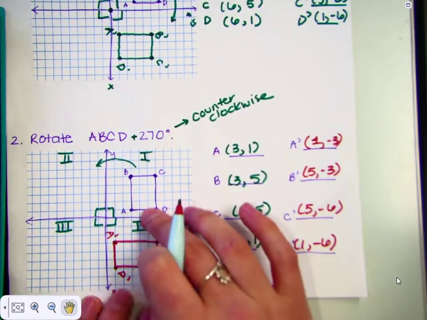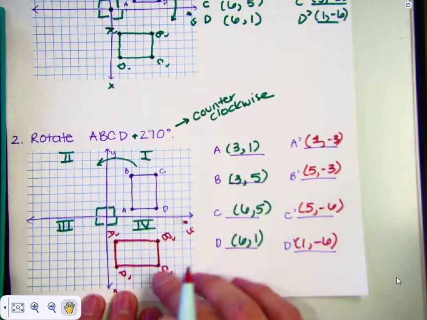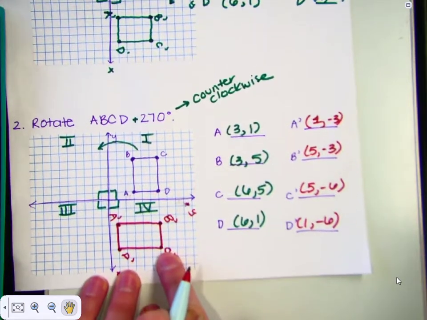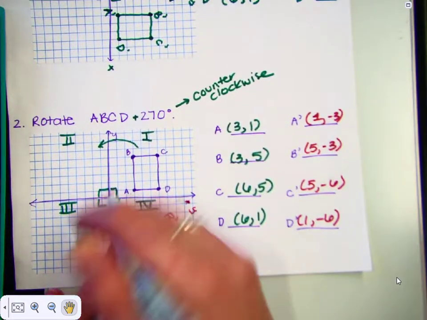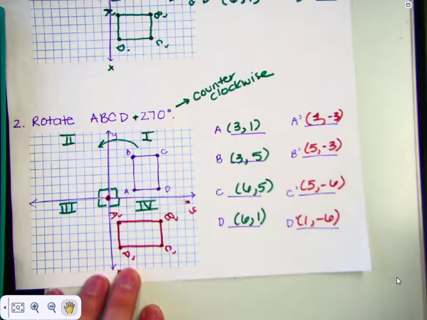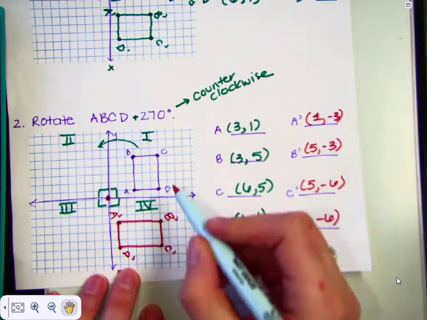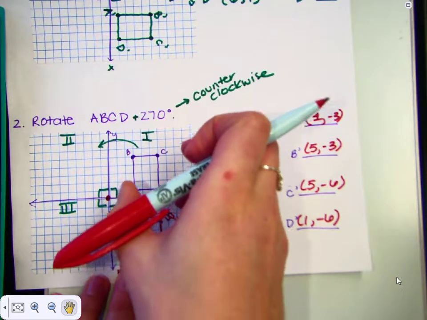So this is my shape rotated 270 degrees around the center of my coordinate grid. So you can kind of tell that my shape kind of twisted.